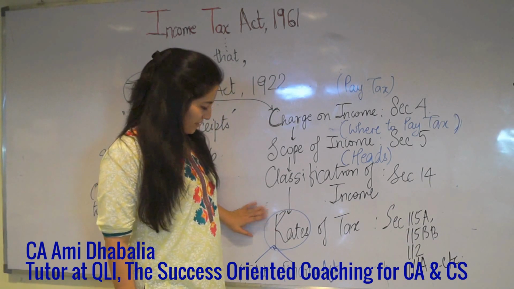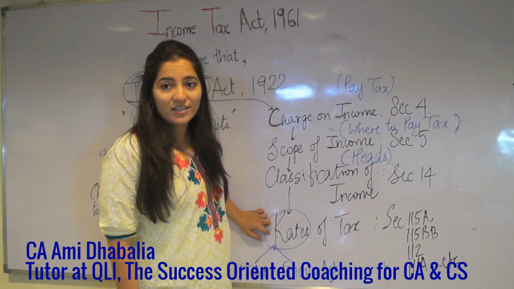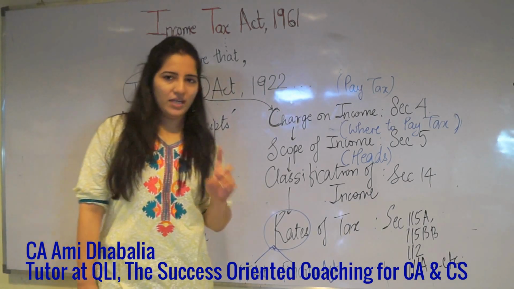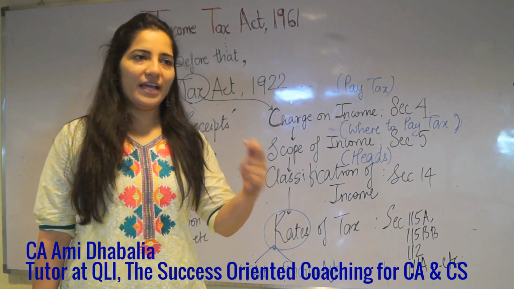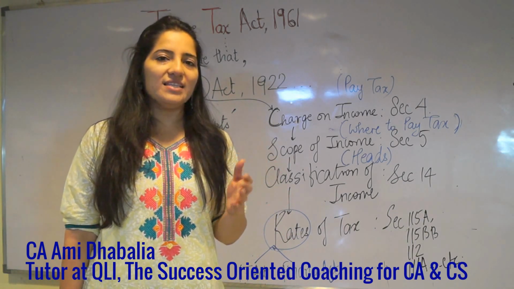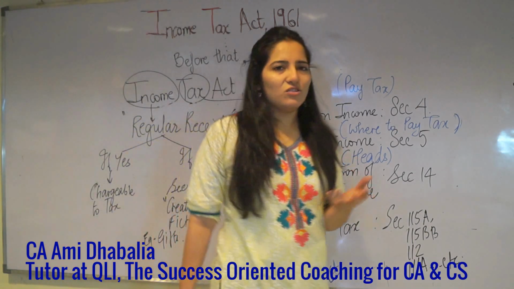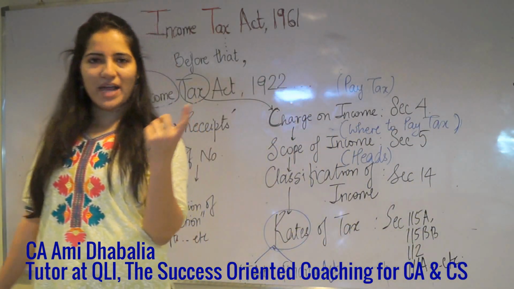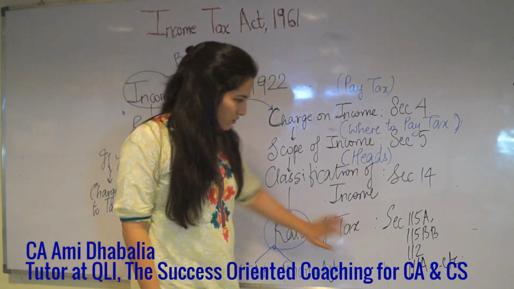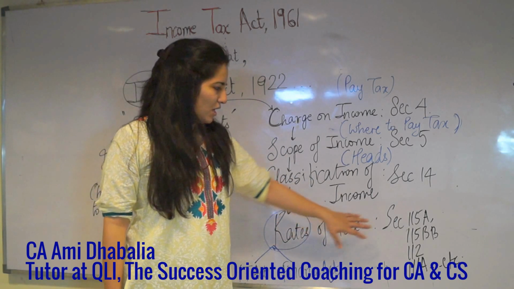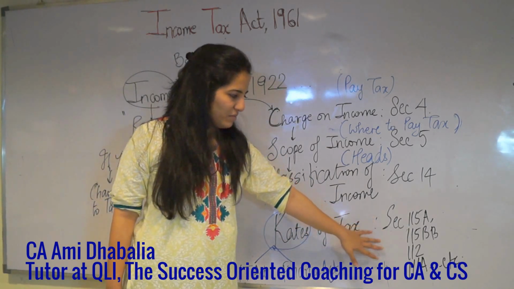Then comes lastly, which we all are worried about, rates of tax. Now rates of tax are given by two acts. They are prescribed in the Income Tax Act, and every year, as you know, when the budget comes out in February, the Finance Act may change or amend the rates. So rates are prescribed by two acts, the Income Tax Act and the Finance Act. Under the Income Tax Act there are many sections pertaining to different incomes, 115A, 115BB, and so on.